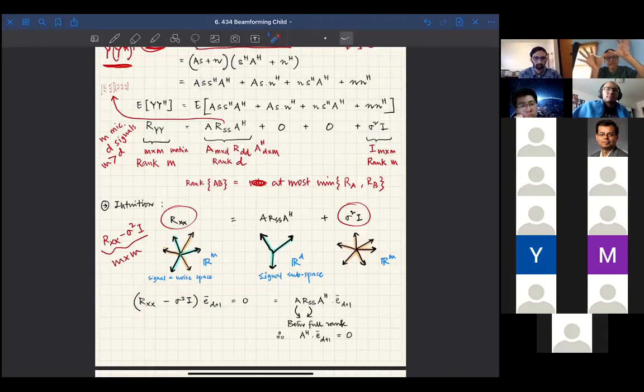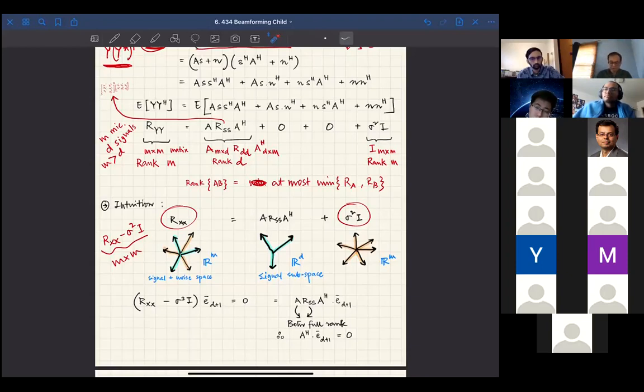M minus D is where the noise lies, because when I brought in the noise, that M-dimensional rank went to D-dimensional. In M-dimensional space the signal was scattered, but when I brought in the noise, the noise subtracts it. And the signal now is in D dimensions and the rest of it is noise, M minus D dimensions.